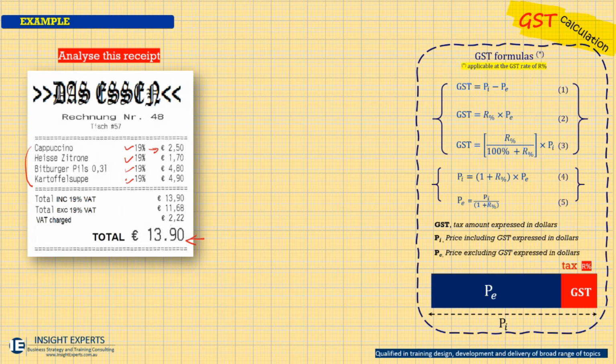So in total they paid 13.90 euros, which includes the 2.22, which is the VAT amount charged on the total. So how did they arrive at that amount? Now, if you just look at the receipts here, you see that you have the price before and after VAT.